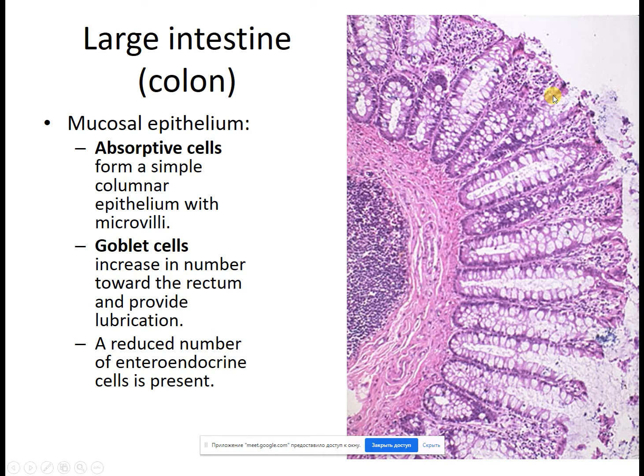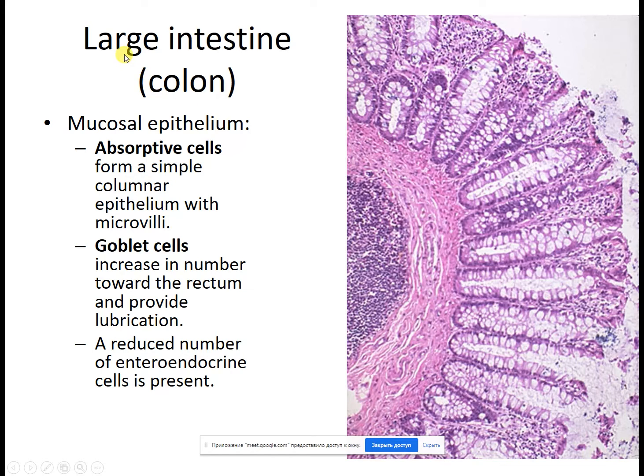If it's not returned, it leads to desiccation of the body and water loss. And this happens in some disorders like cholera, Vibrio cholerae infection, which causes disruption of this absorption from the large intestine into the body.